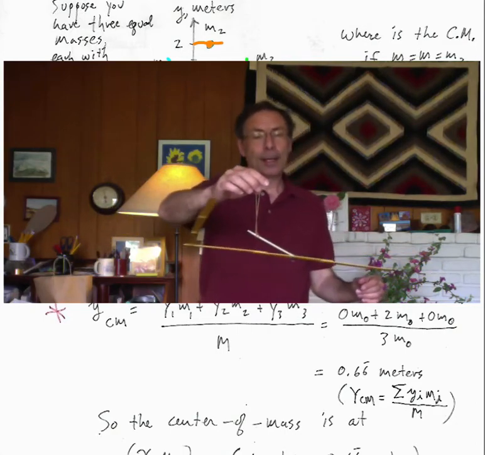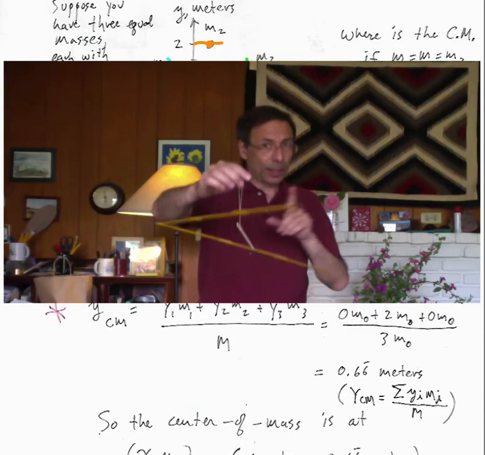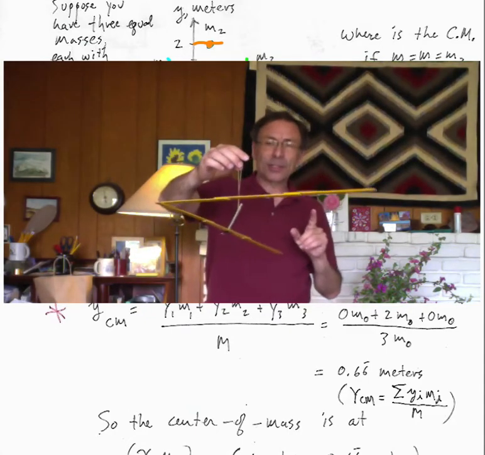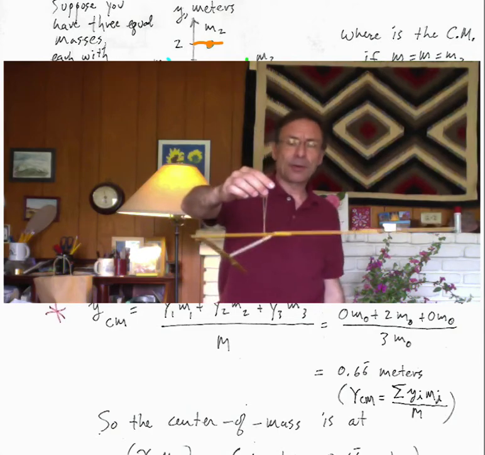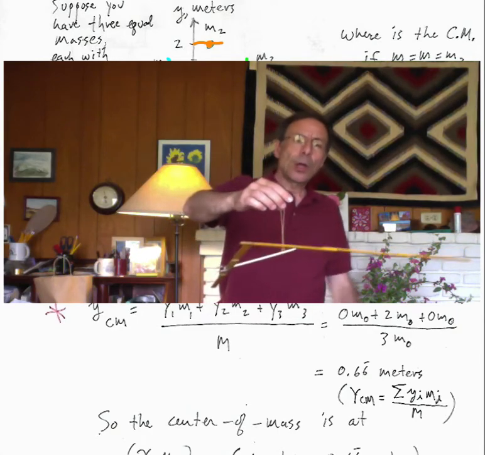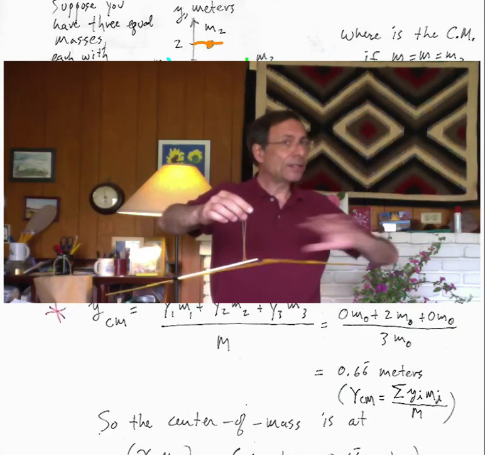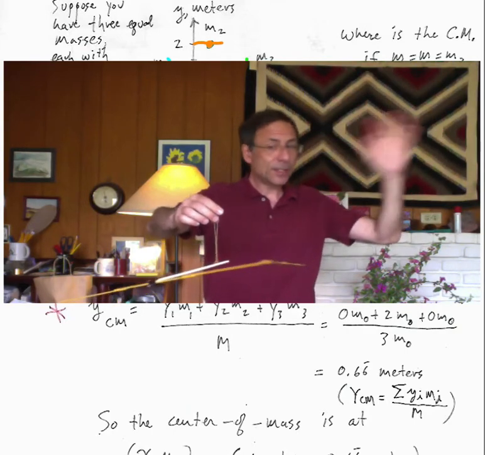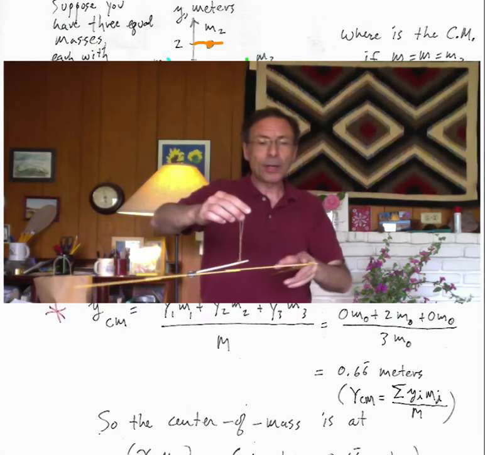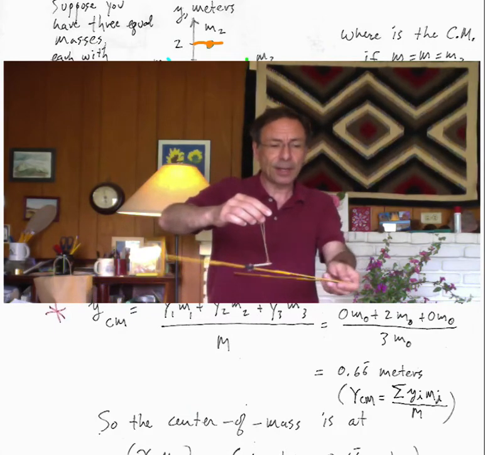All right. Now that I've got this going, I want to tell you something else that's important about the center of mass. Whenever something spins in space, something like a satellite, NASA wants to know where the center of mass of their satellites are.